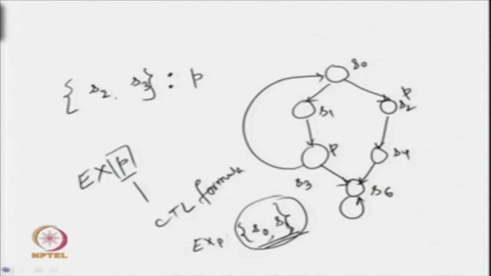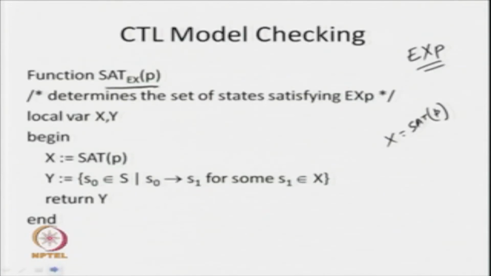If you look into this example, this is the set X: S2 and S3. Now, what are we going to do? We are going to collect all those states S0 which belong to the set of states of my model in such a way that there is a transition from S0 to S1 for some S1 belonging to X. In X we have all the states where P is true.